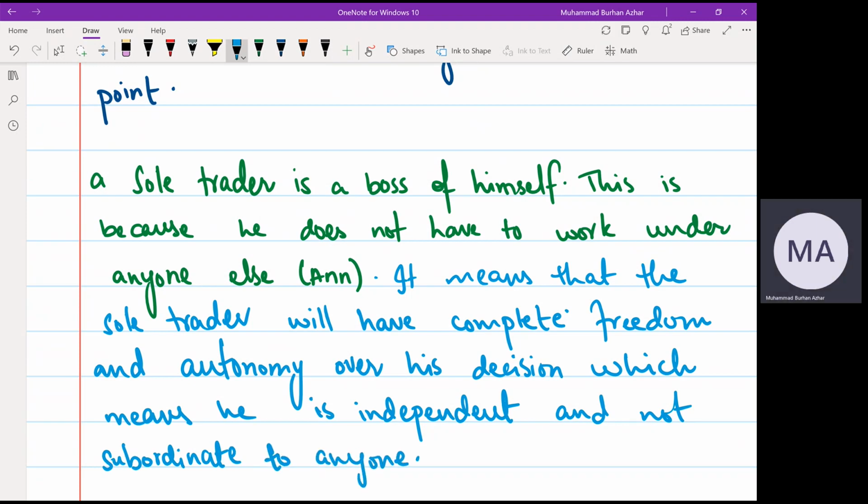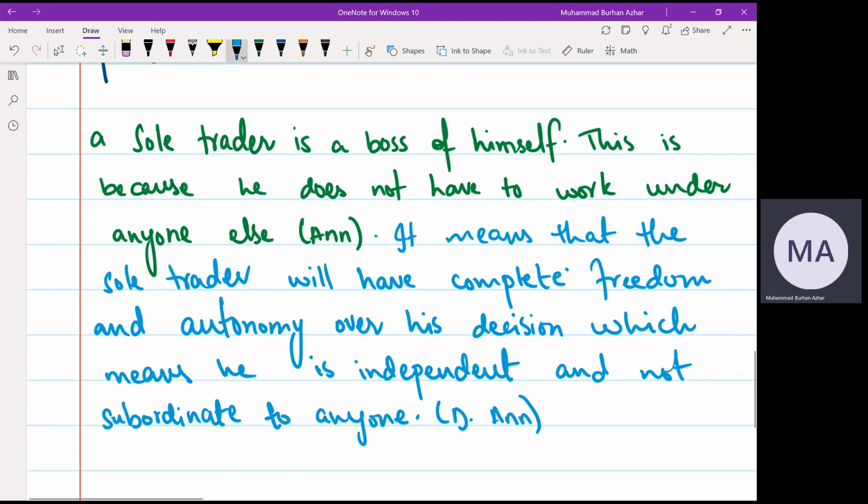So that means he's free to make his decisions. So this is my developed analysis.